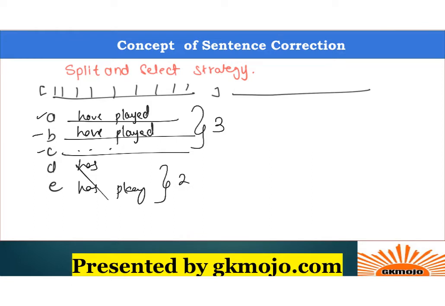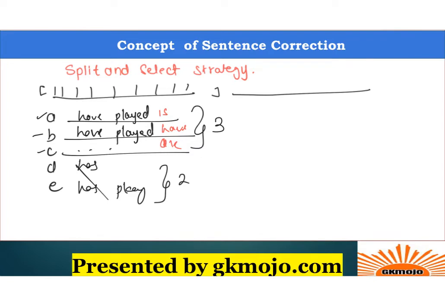It might be 'is' here, 'have' here, 'are' here, and you'll identify the correct form and choose that option. This is the split and select strategy that we use for a lot of GMAT sentence correction questions. Right now it may be overwhelming, but once you practice a lot of examples, it will be easy for you.